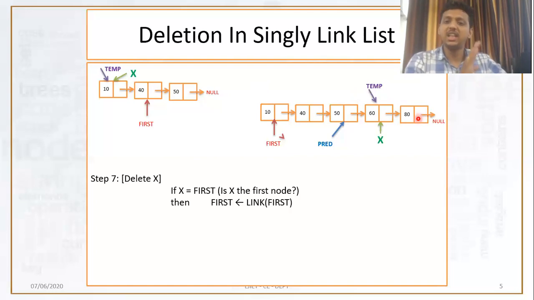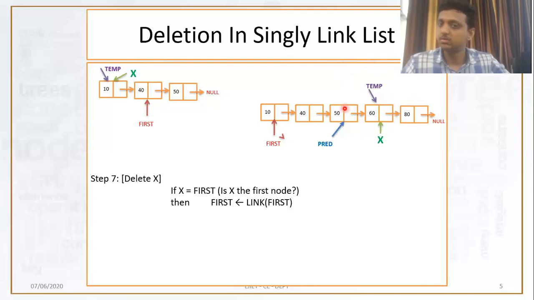In a linked list, in each and every operation, if you want to perform an operation on a linked list node, you need a name. Remember that thing. You have to assign a name to those nodes. Students, temp is pointing over here, x is pointing over here. The name of this node is temp. Name of this node is link of temp. So this is x. Name of this node is link of x. But what is the name of this node?